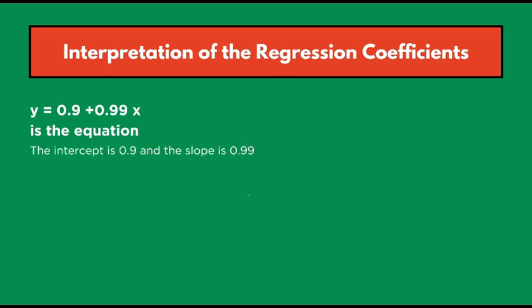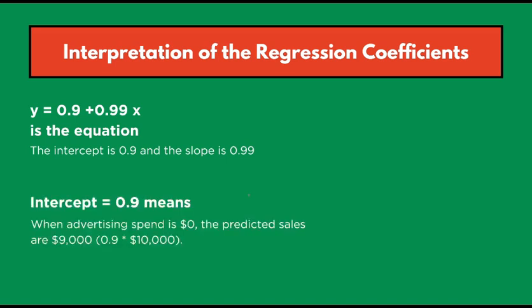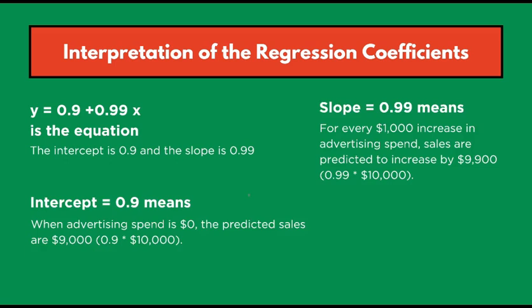So if you spend $1,000 more on advertisement, your sales will go up by $9,900. That is, in very layman's terms, the use of the intercept and the slope. This is what is written here, so you may take a screenshot of this to understand it better.